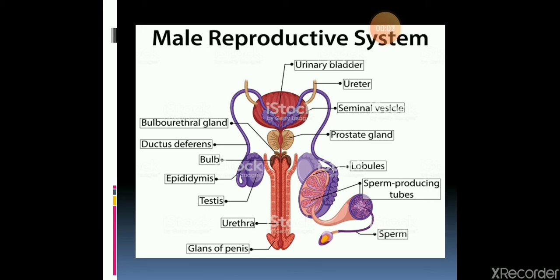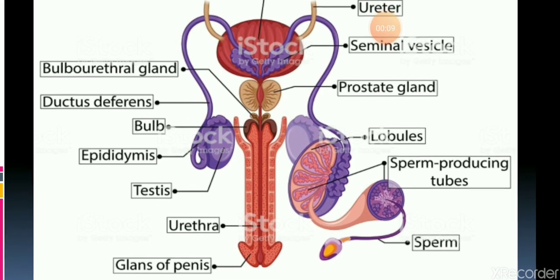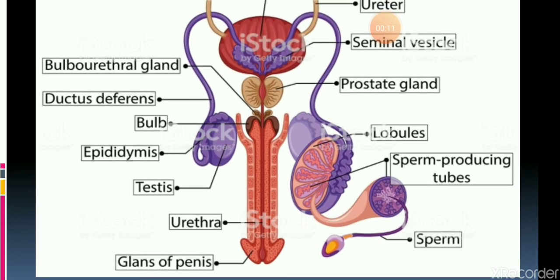You can start with the testis. The testis will be containing the lobules, seminiferous tubules, where the spermatogenesis process will be carried out, and then that will be connected to all the accessory ducts and then the accessory glands.